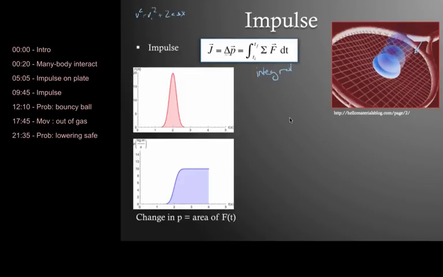But we could also consider a more discrete way, the average way of looking at it. So here you have your F average dt. So we could rearrange this to be delta p over delta t is F average. And so this is something that we're familiar with.